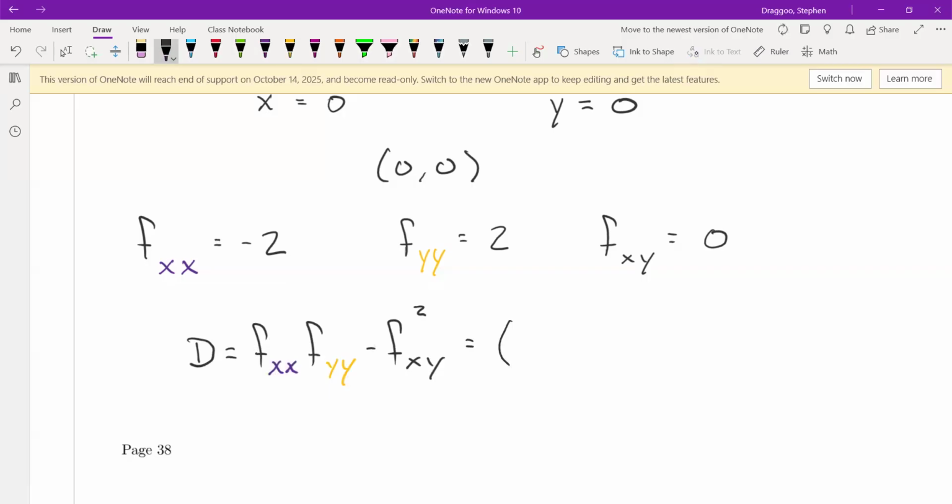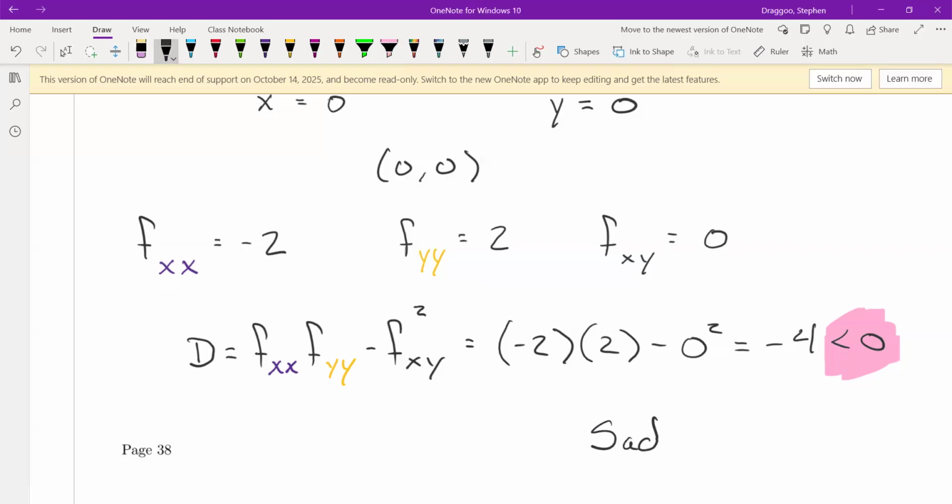And this thing is going to look like -2 times +2 minus 0 squared, which is -4, notably a number that is less than 0. Because our test value is negative, this thing is a saddle point.